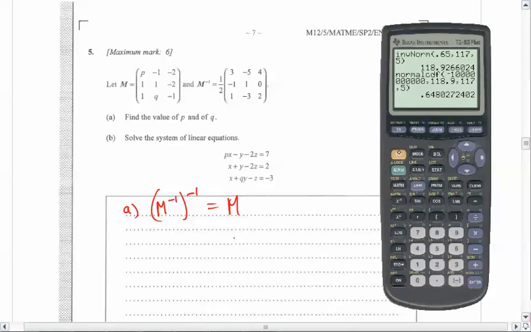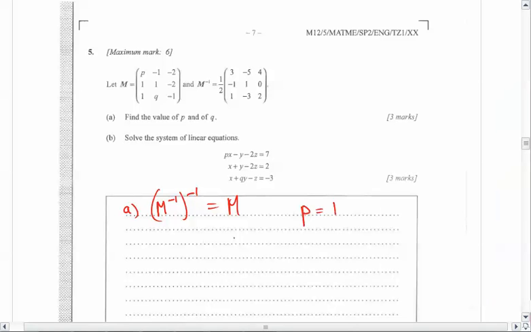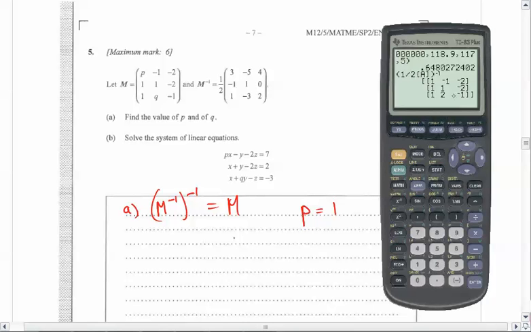I want to take my matrix A and invert it, so do it to the power of -1. Technically, I still need that 1/2 in the front, so I'll do 1/2 of A and invert that. And there's the matrix. It looks like all the other numbers line up with M's matrix. So I can read from that P is 1 and Q is 2.